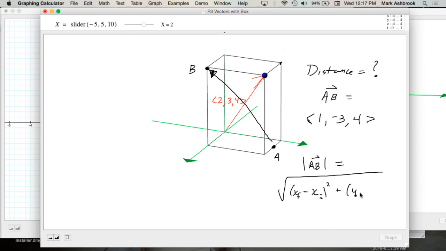And when you do that, you get the distance formula in R3. Which is just 1 squared plus -3 squared plus 4 squared. And what is that? Square root of 26?